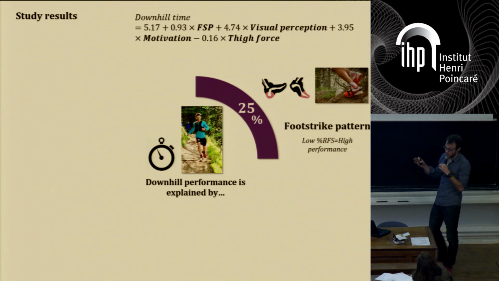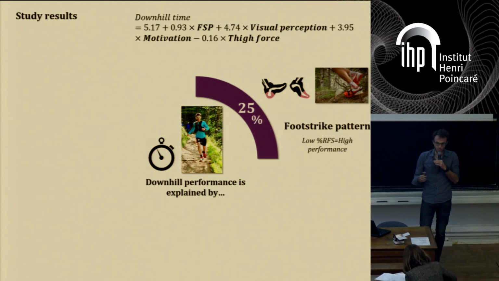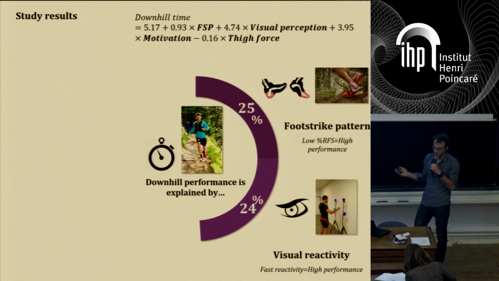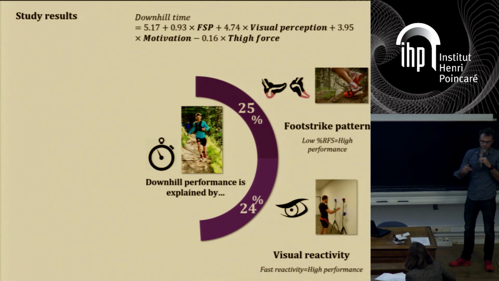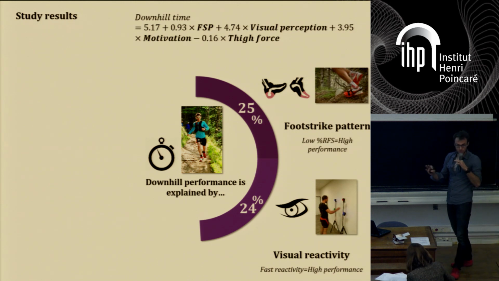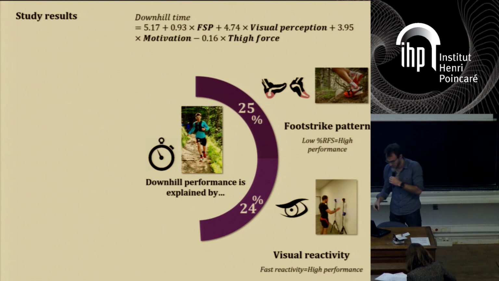That means that if you land on the forefoot during the downhill, you're more likely to be faster. We had the visual reactivity, one of the other tests that we took. If you're pretty fast in reacting to visual stimuli, you're more likely to be fast during the downhill.